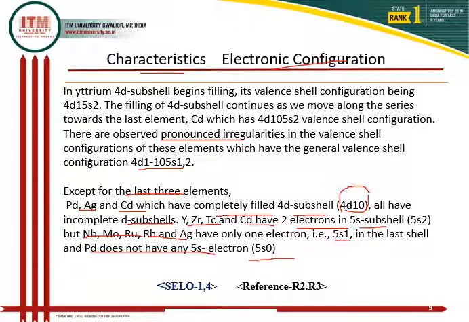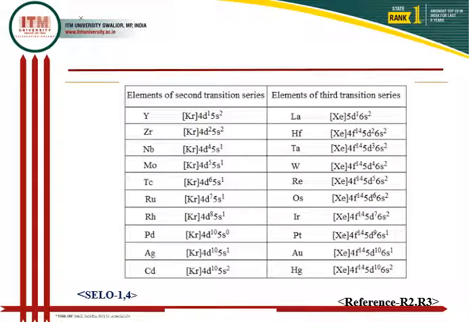So 0 to 2 is the general outermost filling of electrons found in the second transition elements. So here we can see the electronic configuration of the second and the third transition series. Let's see the similarities and the differences found in both series.